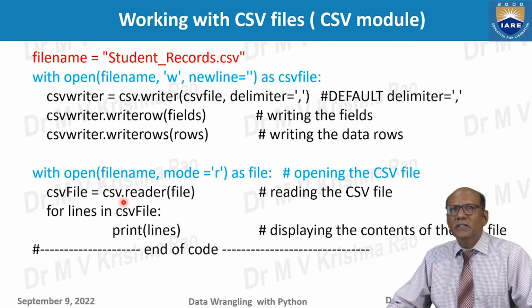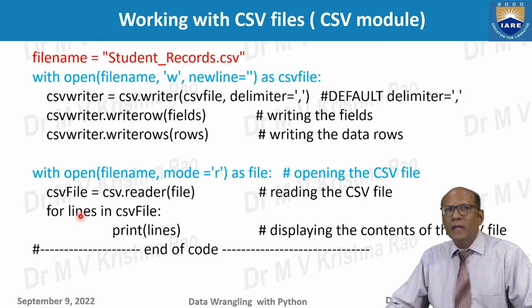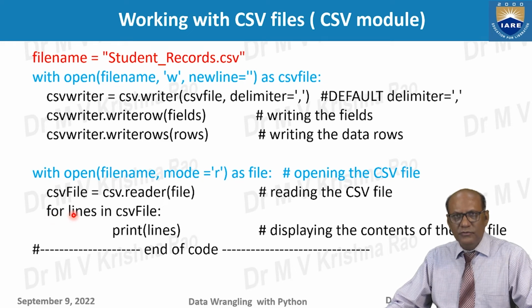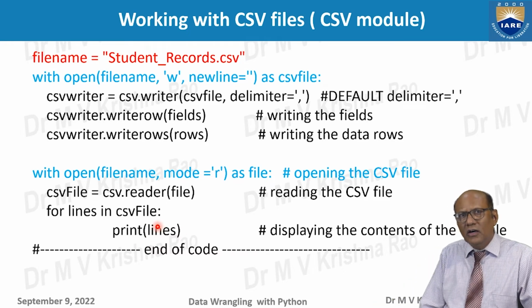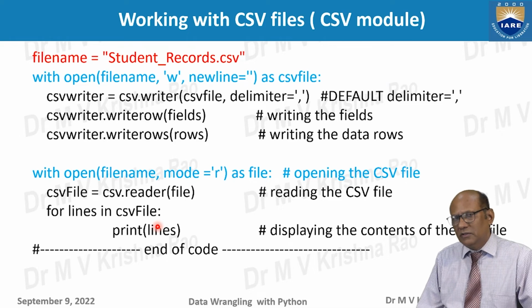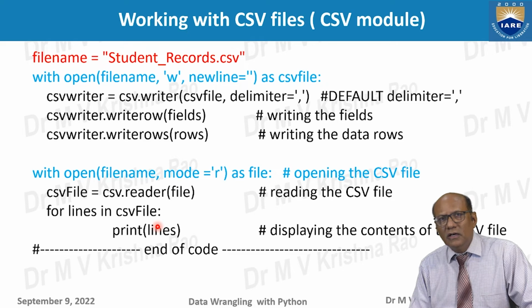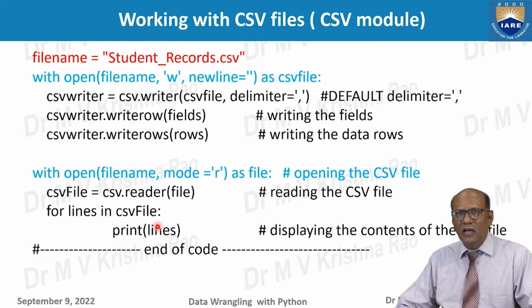So what you have to do is use csv.reader. Then you are reading, and again you use a for loop, for lines in the CSV file, printing line by line to the console. Whatever you have written, the same thing should be visible on the console.